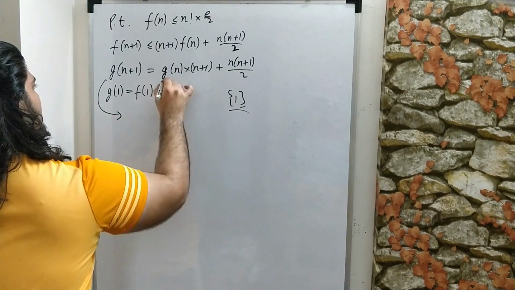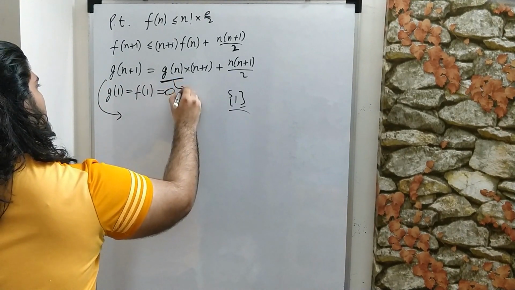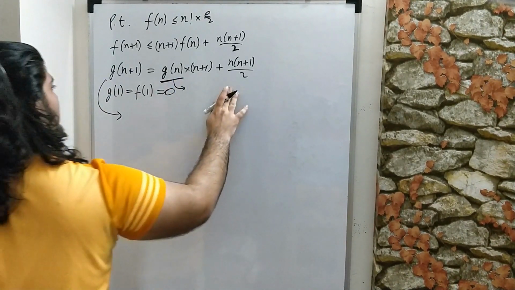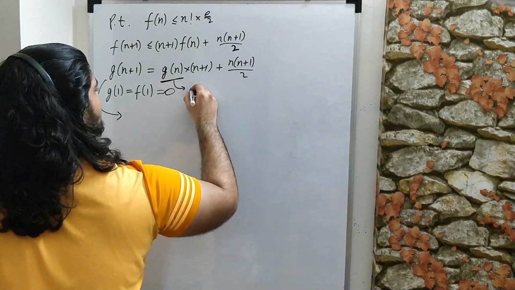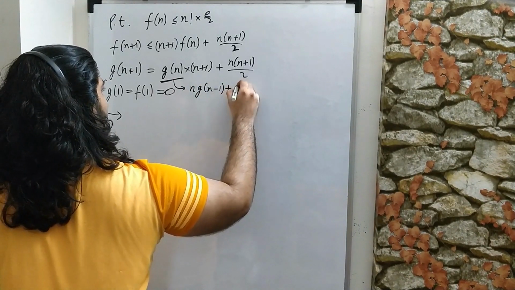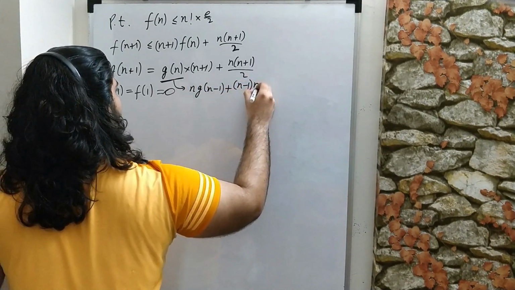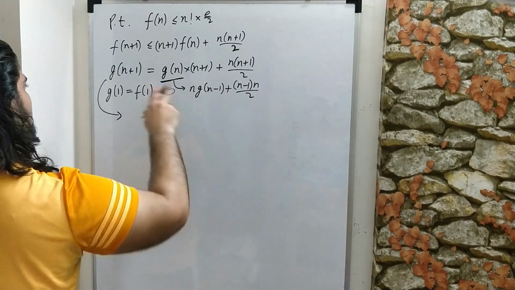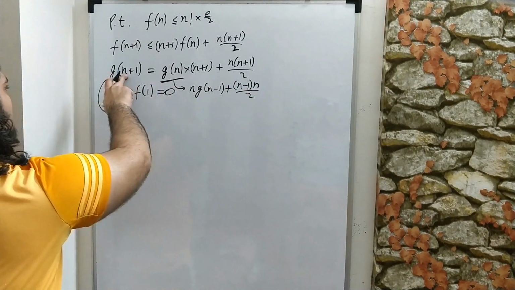Well, notice that we can substitute something over here for g(n) in terms of g(n-1). So g(n) is equal to n g(n-1) plus (n-1)n/2. It basically comes from the same relation by replacing n by n minus 1 over here.